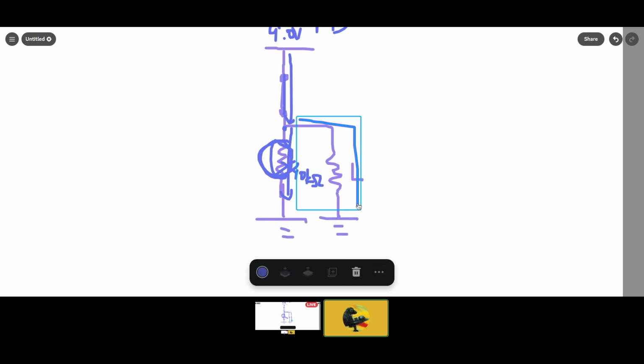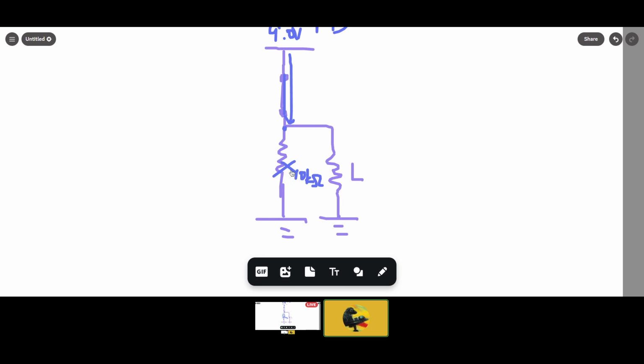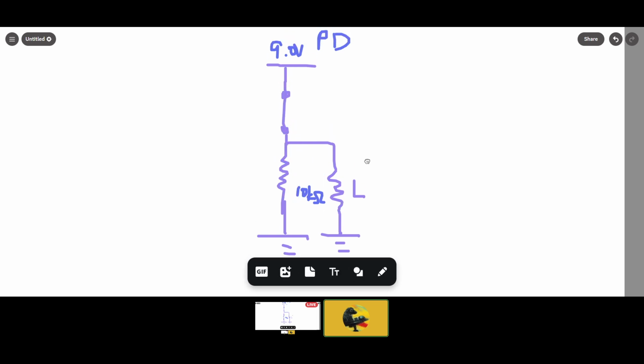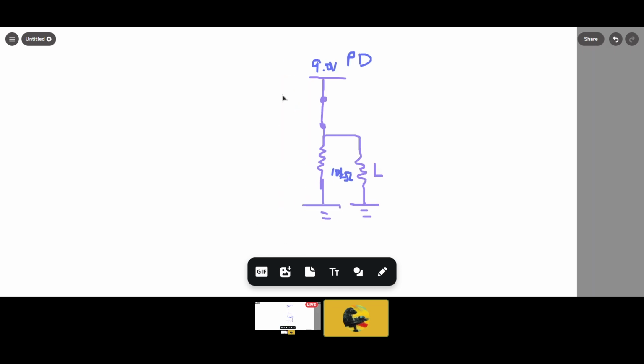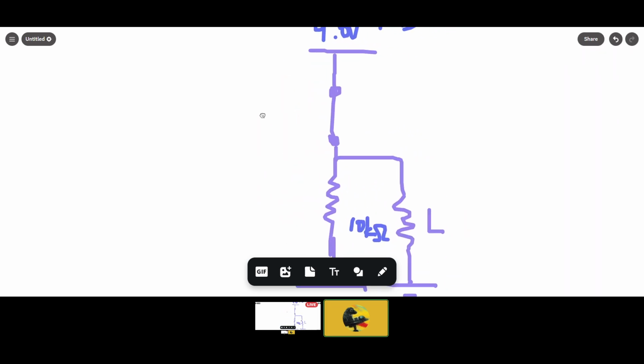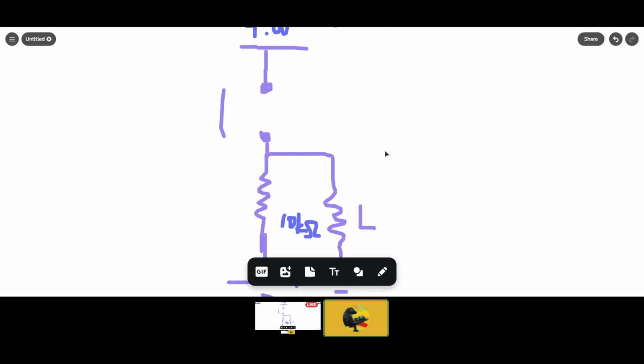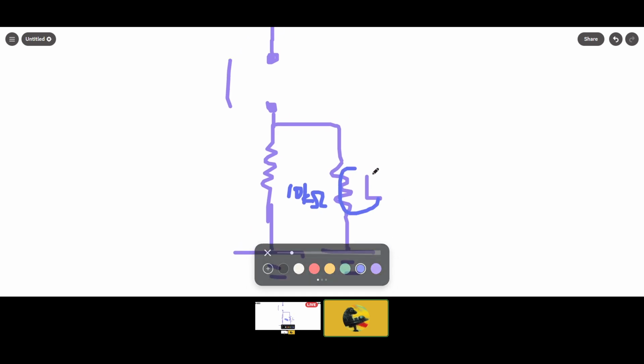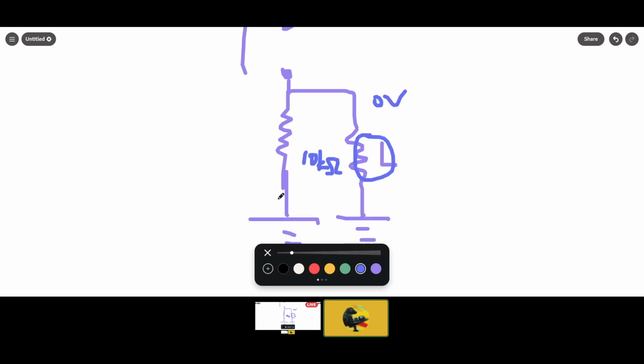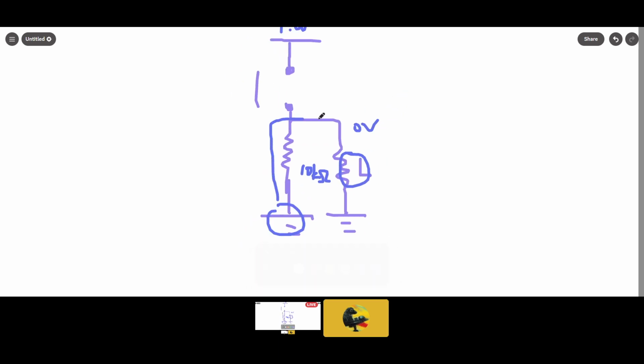And then again, in both of those states, the switch being open and the switch being closed, there is no case where there is floating voltage. Look, when the switch is open, L will be 0 volts due to this ground.